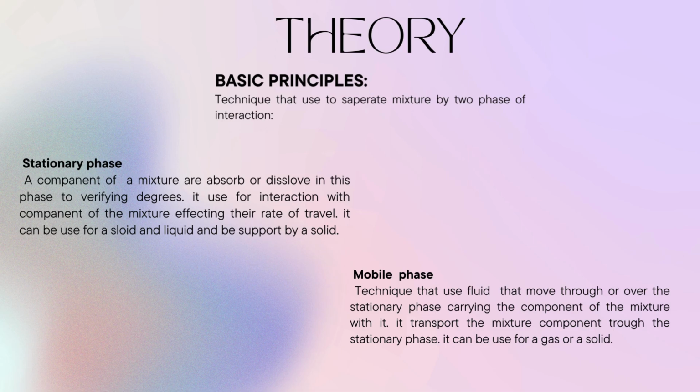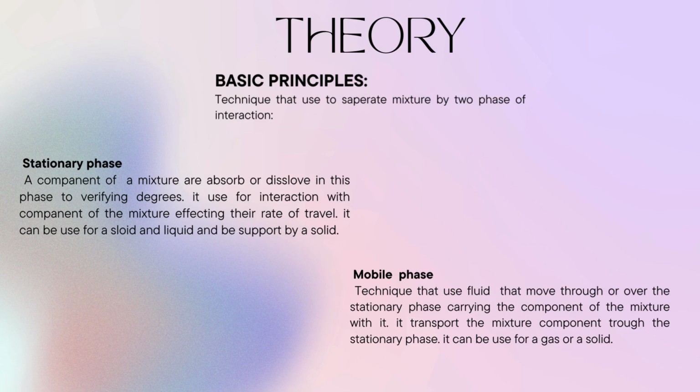For the stationary phase, the components of a mixture are absorbed or dissolved in the stationary phase to varying degrees. It is used for interaction with the components of the mixture, affecting their rate of travel.